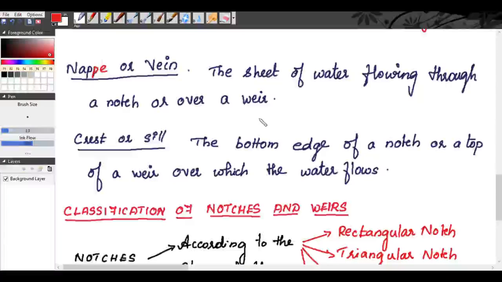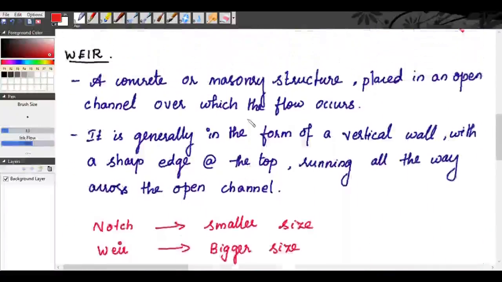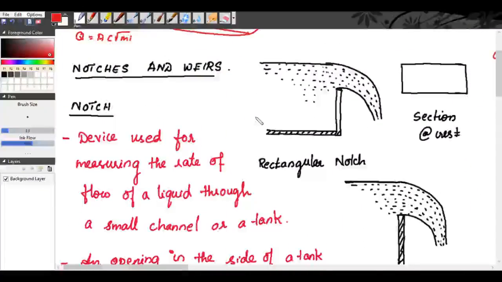That means the water flowing over the notch or a weir is called the nappe. This sheet of water flowing over the notch or the weir is called a nappe. So here, over the weir, this is called nappe, or vein.